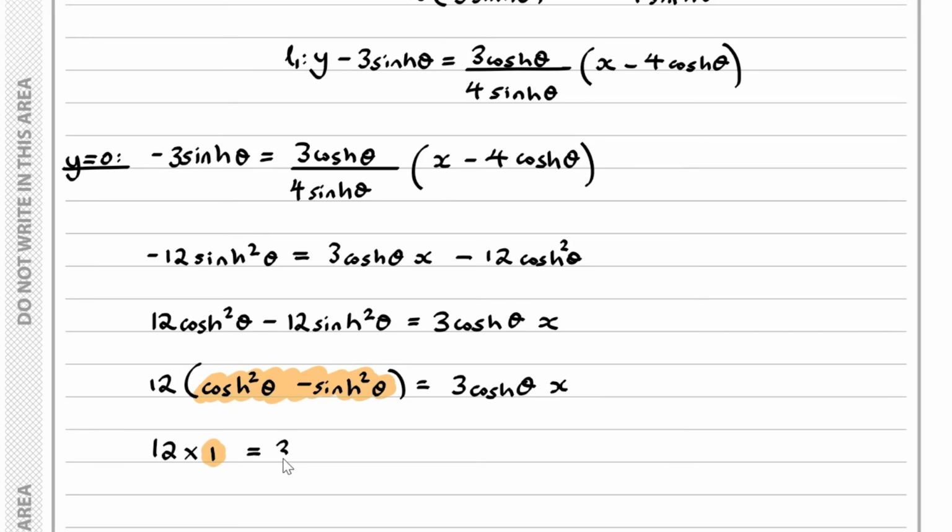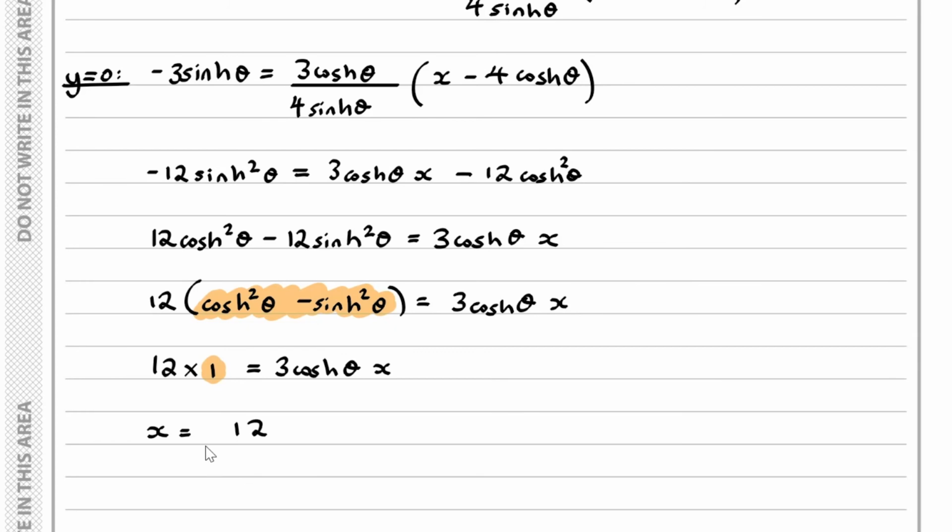This is equal to 3 cos theta x, so therefore x is equal to 12 over 3 cos theta.